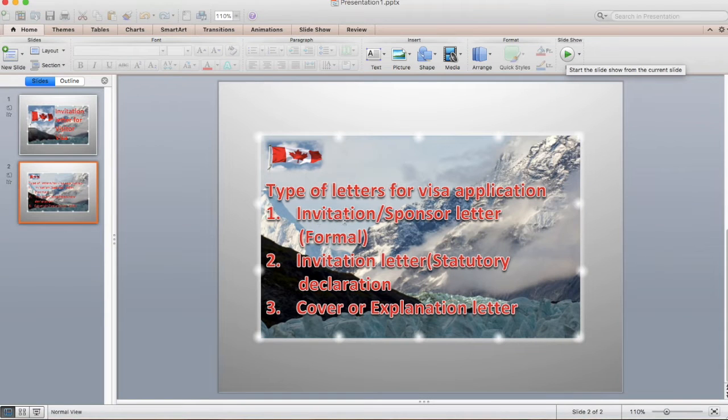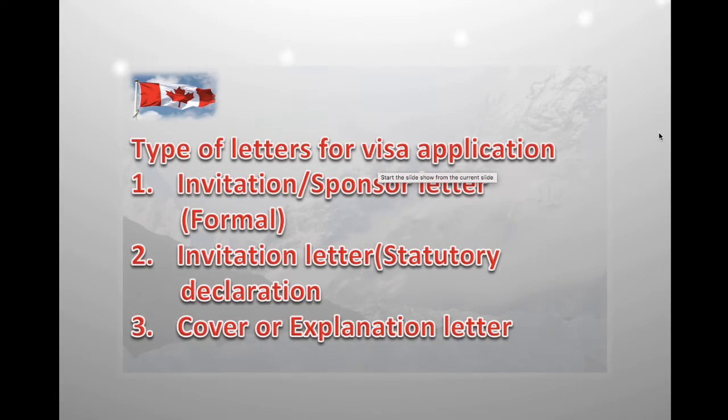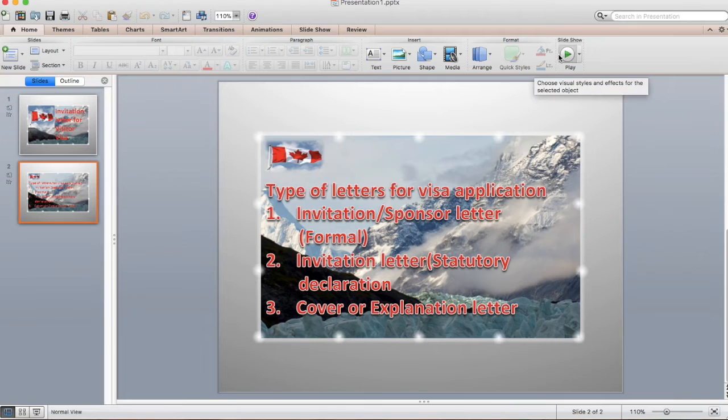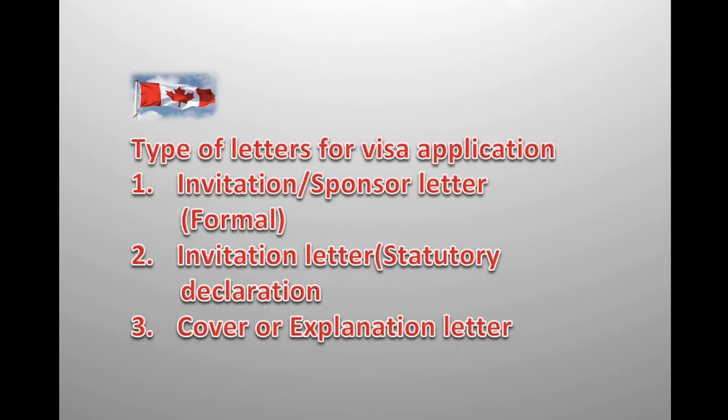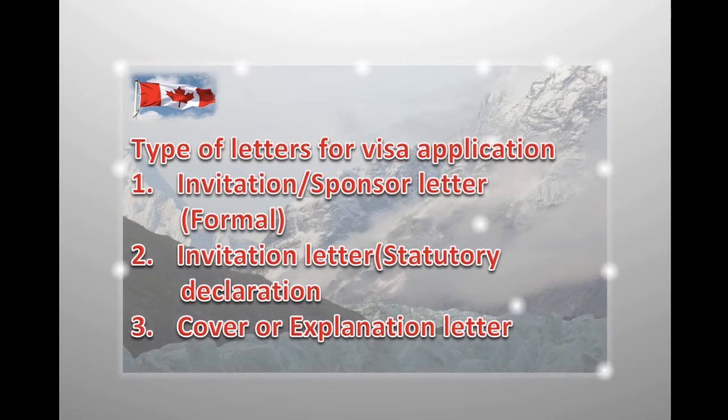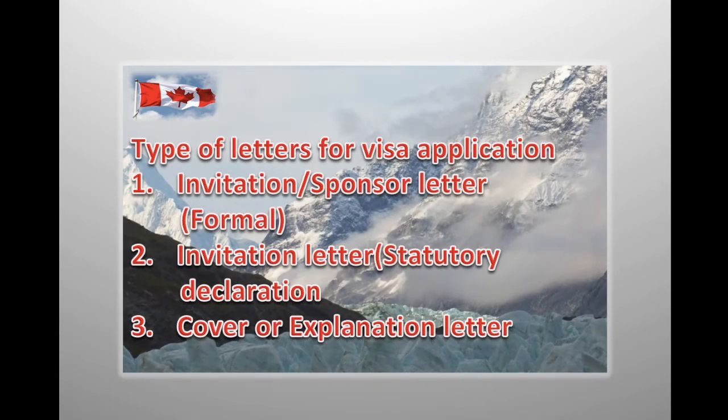So the first letter we have here is the invitation letter or sponsor letter, which is just a formal invitation letter. The second one is that sometimes some countries require a notarized letter from a notary person.